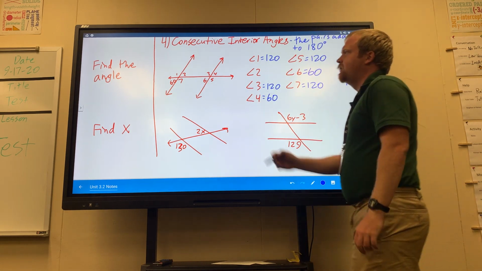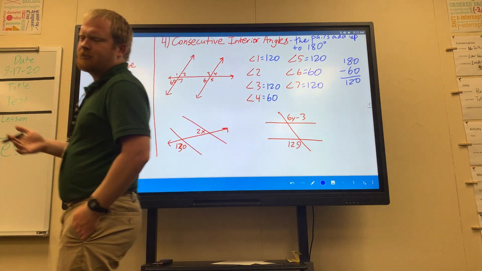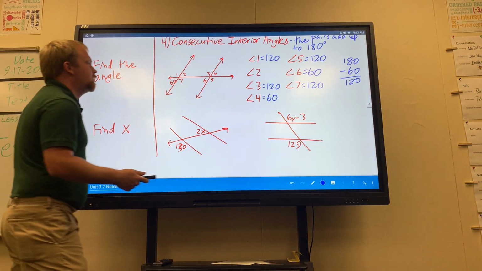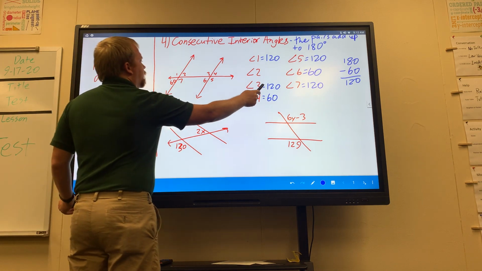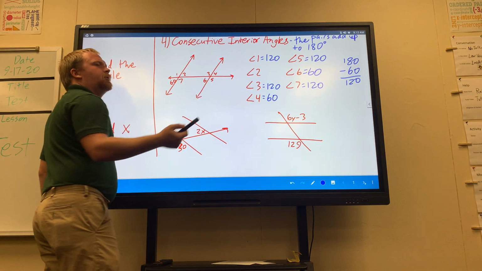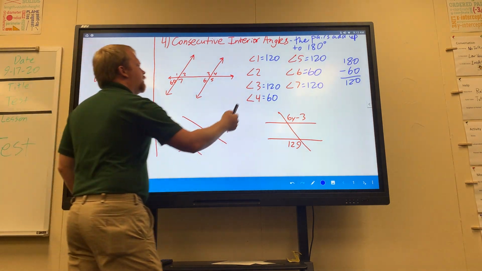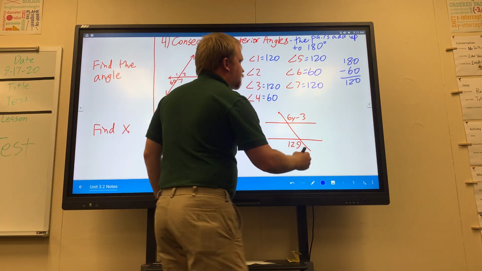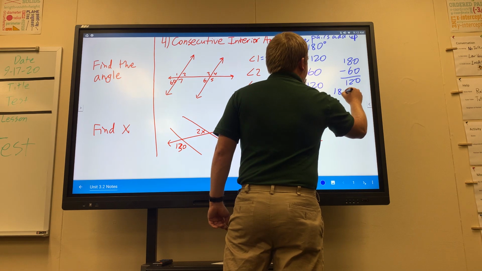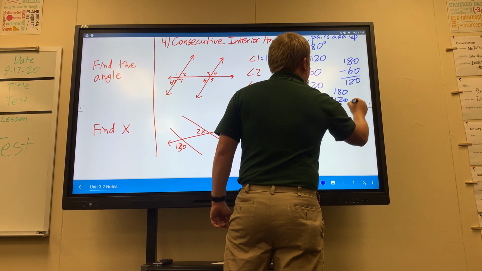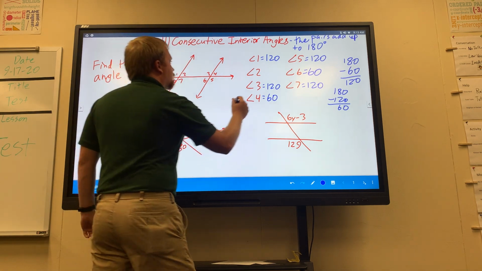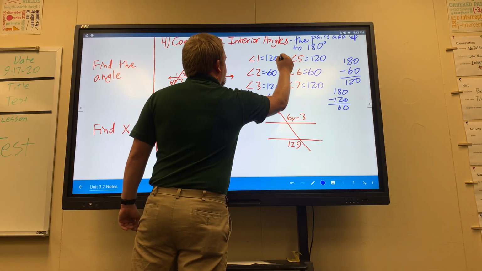But how do we figure out angle 2? Well, remember, we have consecutive interior angles, which means that angle 3 plus angle 2 gives me 180. Well, since I know angle 3 is 120, subtract 120 from 180, and I get 60 degrees. So angle 2 is 60 degrees.